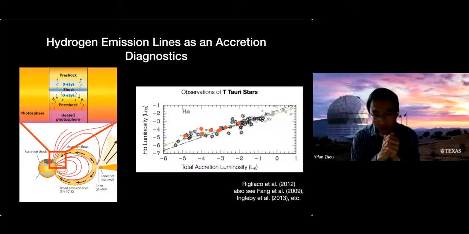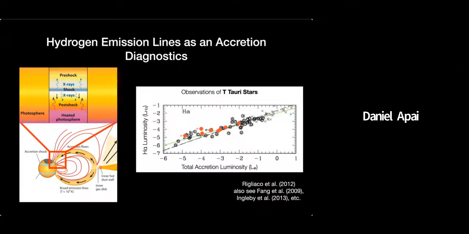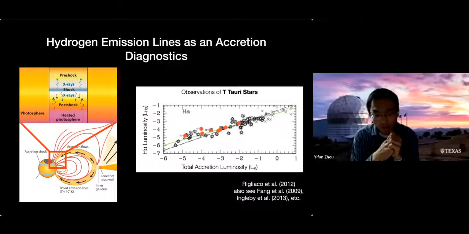The observations of T Tauri stars showed that this line emission and the total accretion luminosity, although they come from different regions of the accretion activity, are correlated.